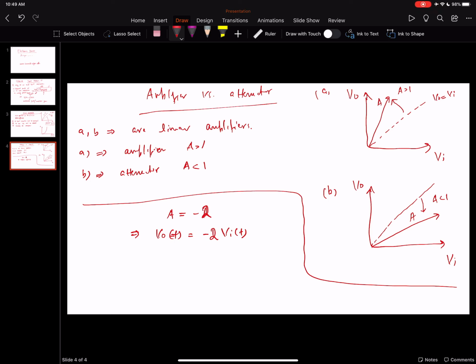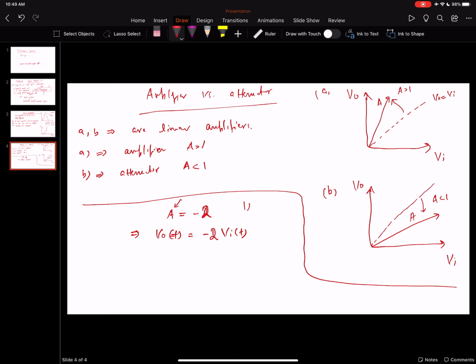Again, I would have asked you this question in the class, and now I can just give you the answer here. Whenever you see a negative sign with the amplifier gain, this does not mean that it is attenuating. The negative sign means that the signal is 180 degrees out of phase. The signal is still being amplified by a factor of 2.